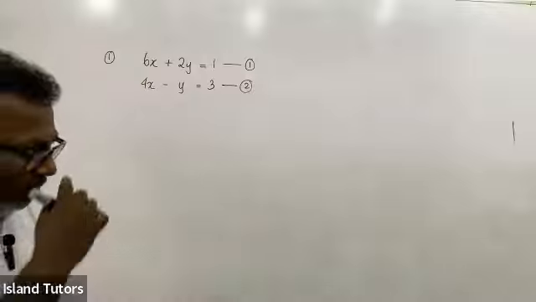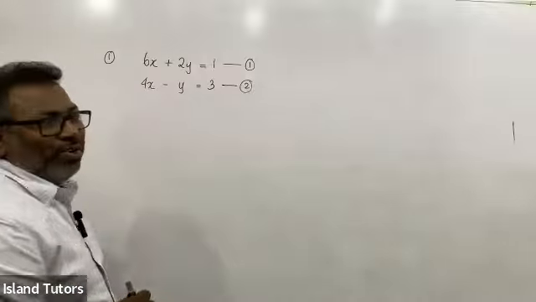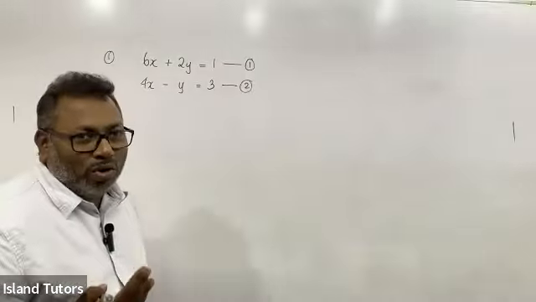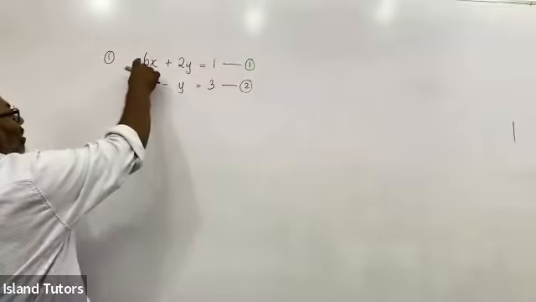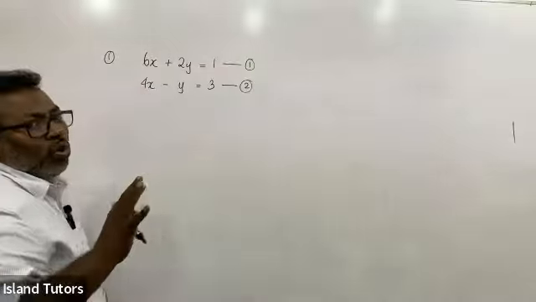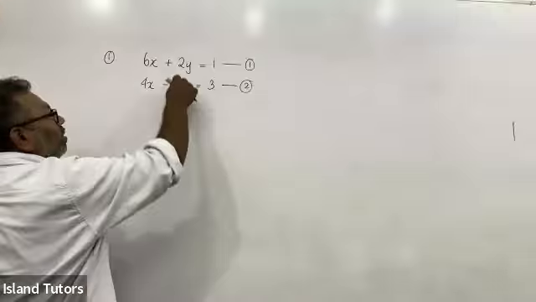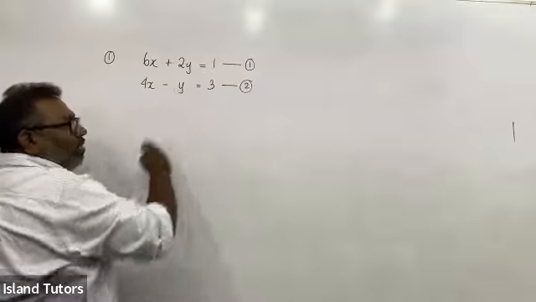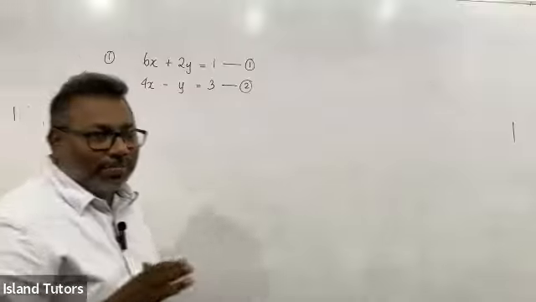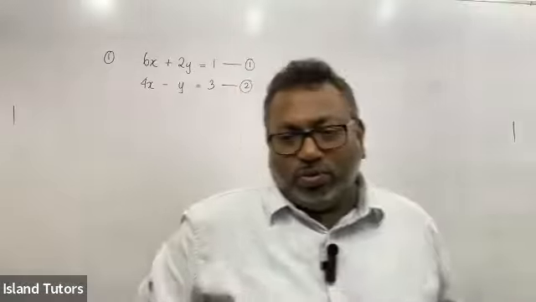Okay, so what do we do? First rule, always look whether the coefficients are the same. 6 and 4, coefficients not the same. 2 and 1, coefficients not the same. So then what do we do?